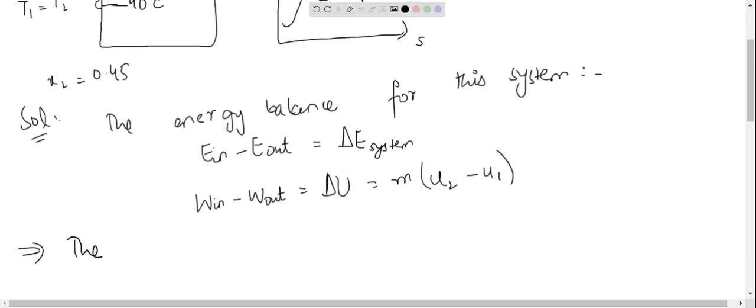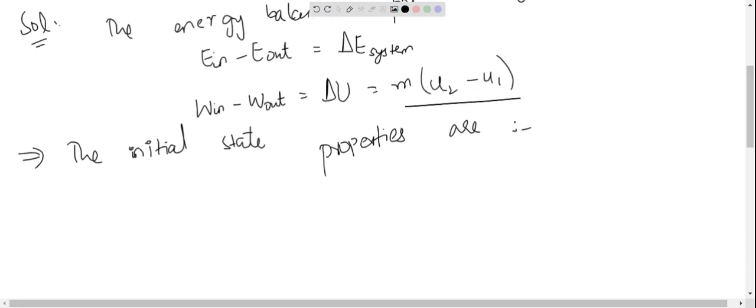So now the initial state properties, as we have to find these values. So the initial properties where P1 is given, 320 kilopascal, and T1, which is 40 degrees centigrade.